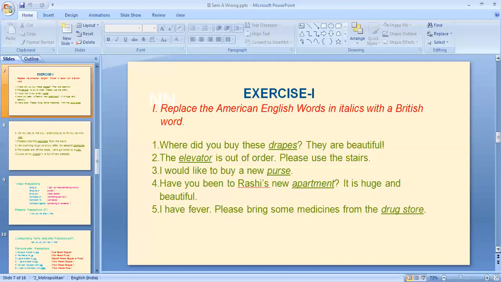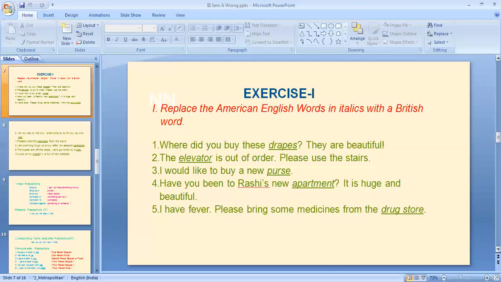But what is the suitable word in British English? The Britishers call an elevator not an elevator, but a lift, L-I-F-T. So the suitable British counterpart to the American word elevator is lift.